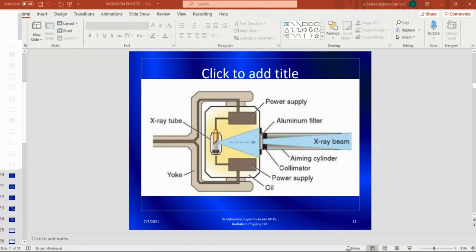The electrons move from the cathode to the anode at high speed, high velocity. When they hit the tungsten target at the anode, they are brought to a sudden stop and produce X-rays. Very good, I say. Wonderful job.